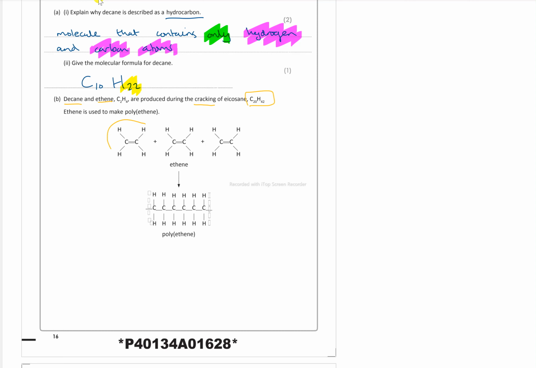Ethene is the monomer, and another ethene and another ethene. You join them together and it becomes polyethene or polythene. That's a typo, it should be like this.